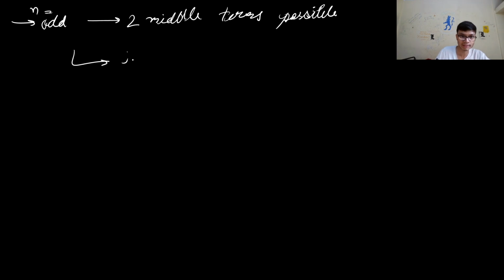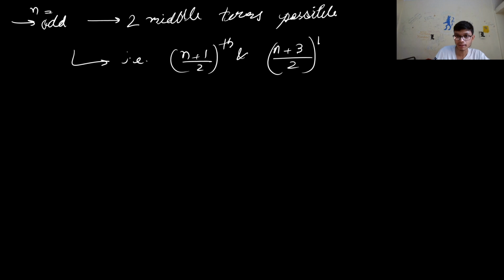Those two middle terms are the ((n plus 1) by 2)th term and the ((n plus 3) by 2)th term. Okay, so these are the middle terms of any binomial expansion whose power is an odd number.